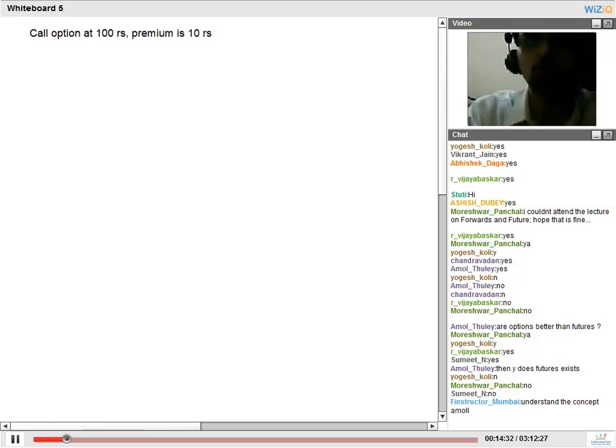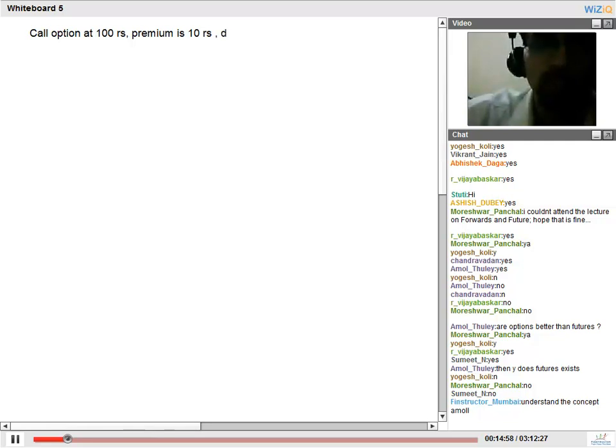That is, to sell the option, the writer charges an amount of 10 rupees upfront. This money will be paid upfront, regardless of whether I exercise or not. It is paid to the seller as soon as I enter the contract. So the strike price is 100 rupees and the premium is 10 rupees.